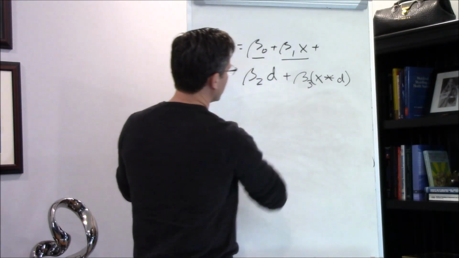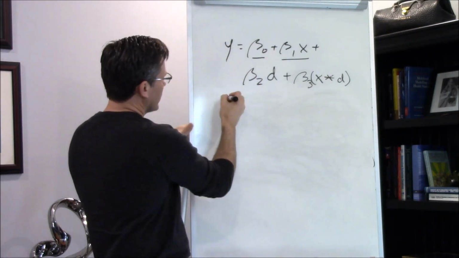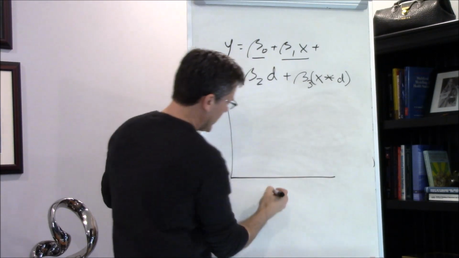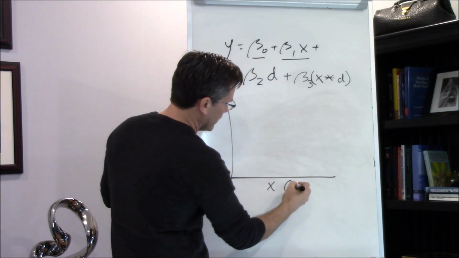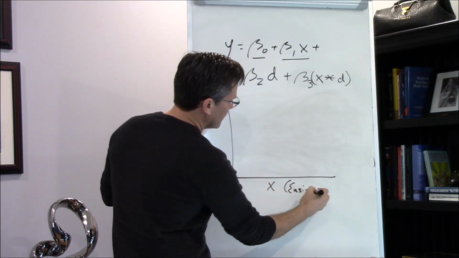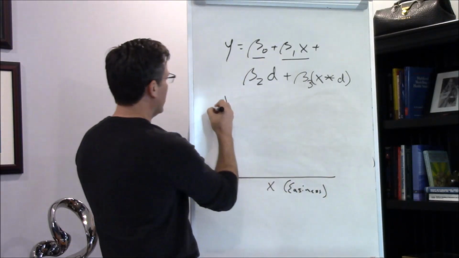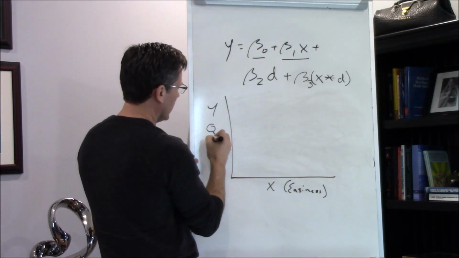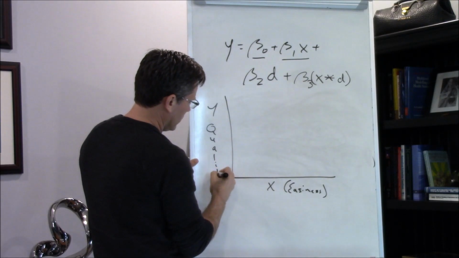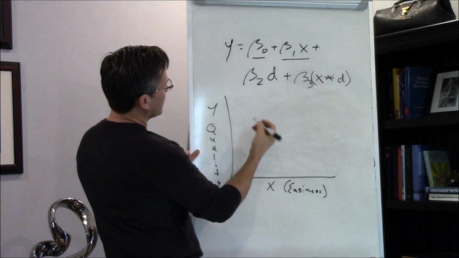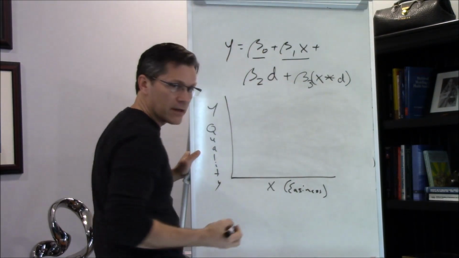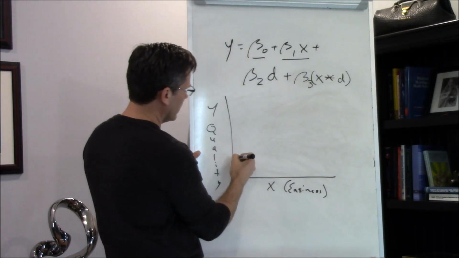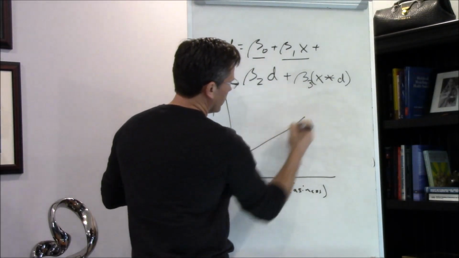I'll erase our error term just to make a little more room. So we plot that out. Now we have our x, remember, our easiness, and we have our y, our quality. And d is going to be 0 or 1. So maybe for the less attractive professors, we observe this.